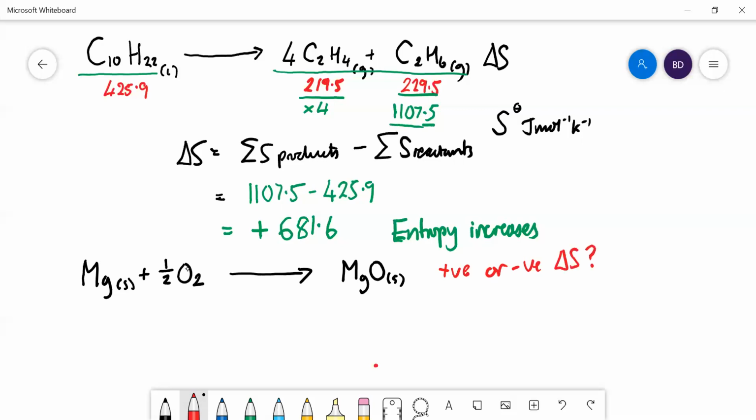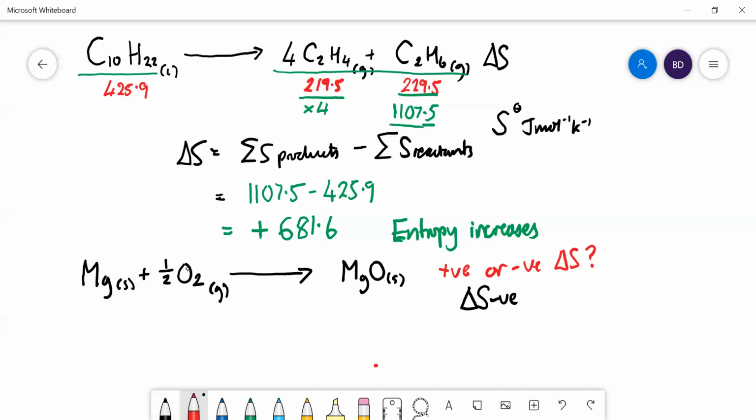It should be fairly obvious that you would expect delta S to be negative, because you are forming 1 mole of a highly ordered magnesium oxide from a solid and a gas. So there's no gas anymore, and that is obviously going to decrease the entropy. So there's a negative entropy change there.